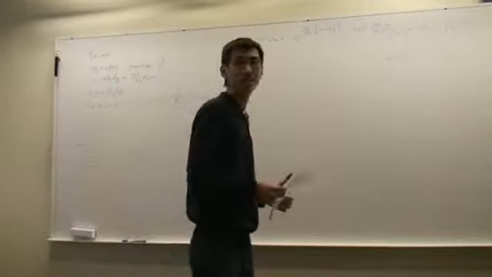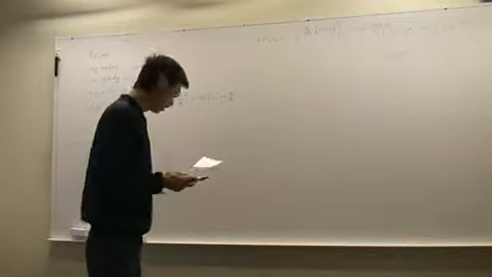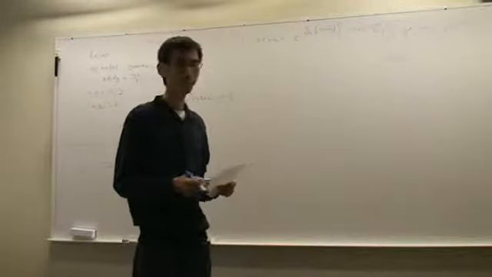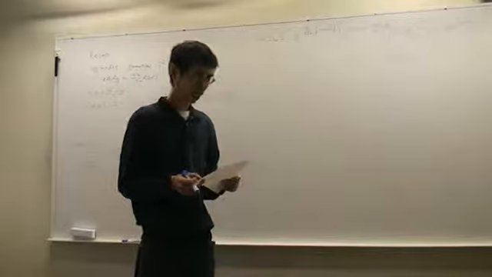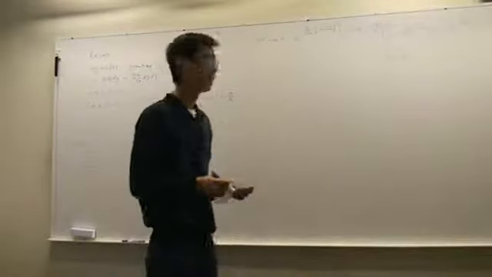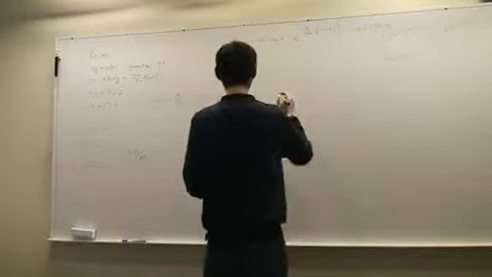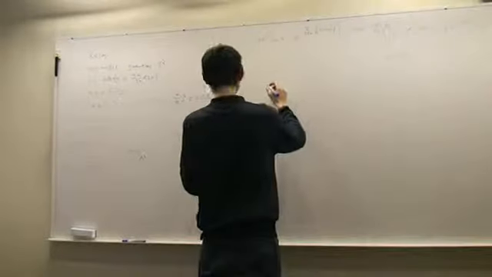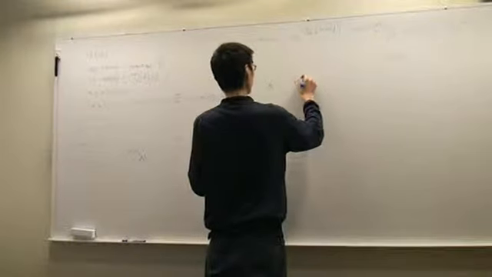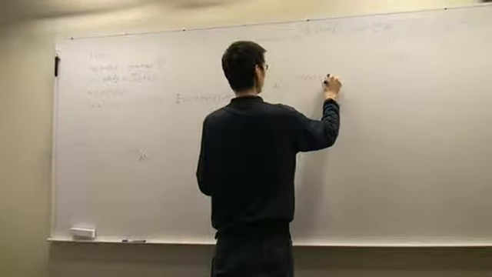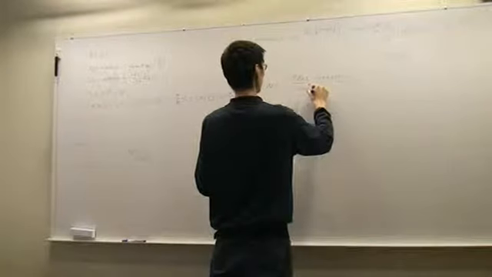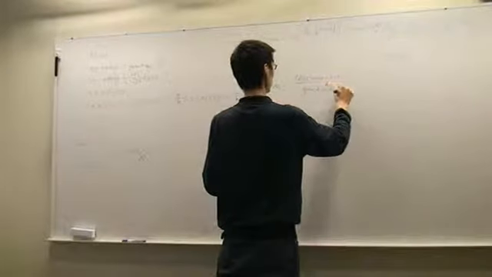Let me start by making a remark which hopefully will clarify certain confusion that we had yesterday, especially regarding Vasily's question about where did the quotient go, even though he's not here. So the statement is as follows.